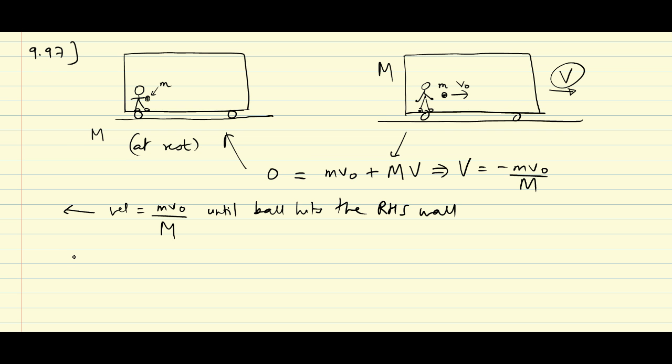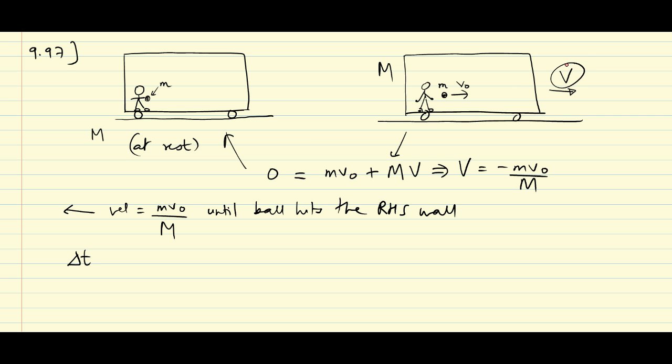And we now have to find what is this time interval between the throw and the collision with the right hand side wall. Now if you go back to the picture, you can analyze it in the reference frame of the car itself.